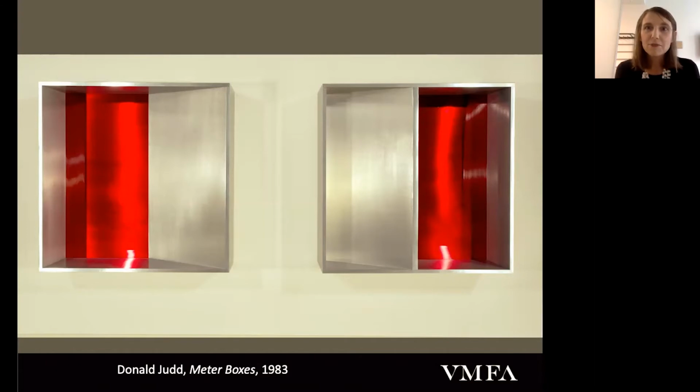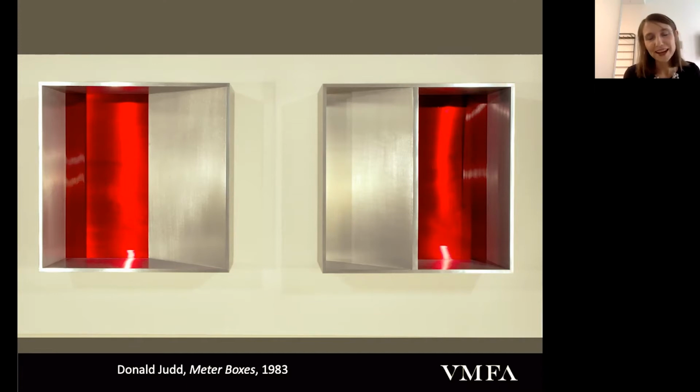So in our minimalist gallery, our first stop on the 3:30 gallery tour was Donald Judd's meter boxes. And that's for several reasons. One, I think Donald Judd's name is just absolutely connected to minimalism. And two, he really became something of a spokesperson for minimalism.